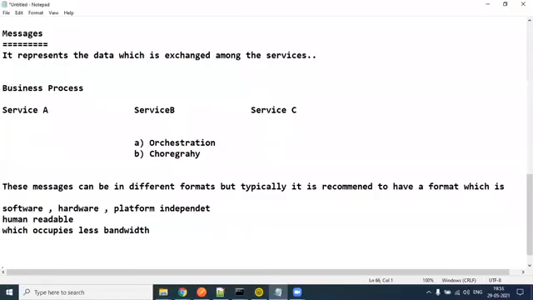So you would see some of the data formats which are used for this exchange are either XML. Until a few years back, this used to be the predominantly used format for data exchange. Even now, there are many services which still use XML. So XML is not going to go away.